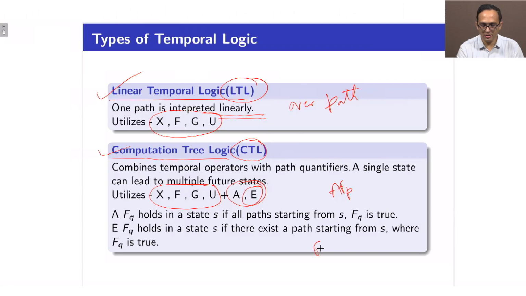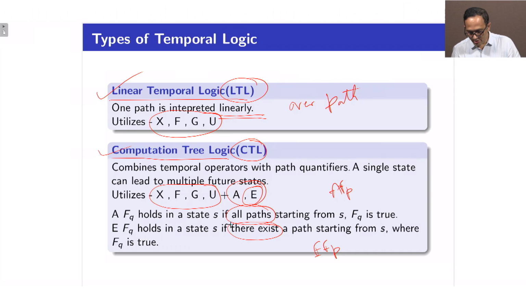And E is there exists, it means there exists a path from here on which something holds. There may be many paths, but if one of the paths holds something, then I will say E F P holds, right. So, A implies for all paths and E implies there exists a path, right.